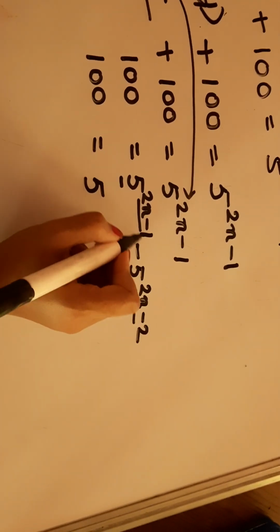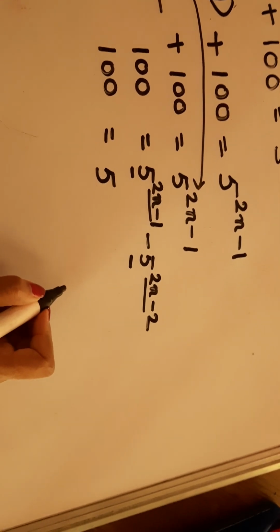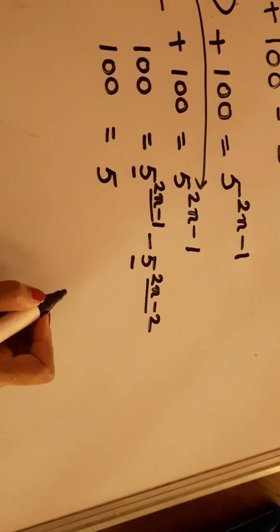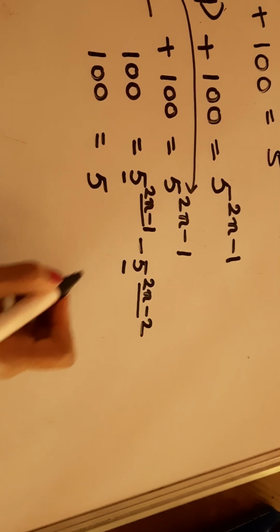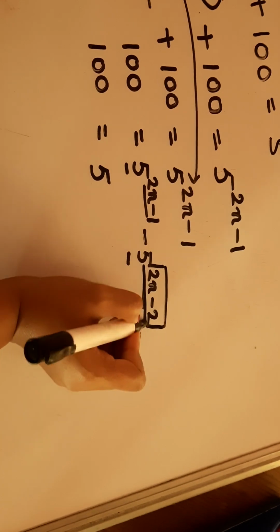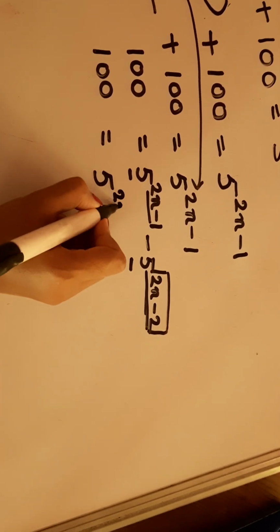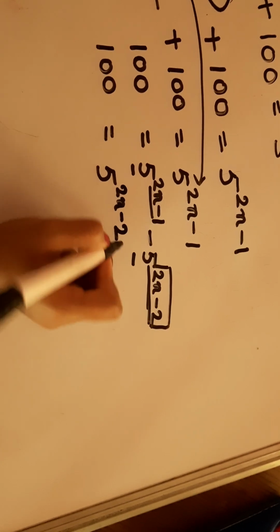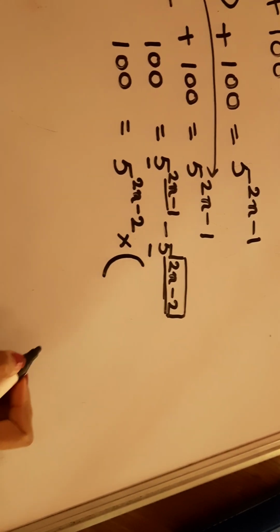Between 2n minus 1 and 2n minus 2, 2n minus 2 is the lowest one, because minus 2 is smaller than minus 1. So 2n minus 2 will be the lowest power here, and it will go outside as the common term. That means 5 to the power 2n minus 2. Then we'll put a multiplication sign, then we'll start the bracket.